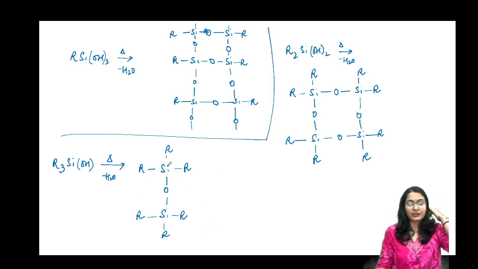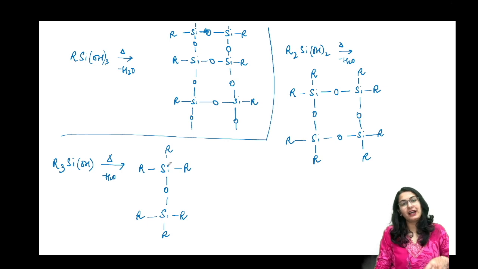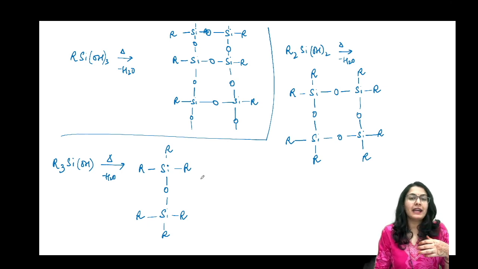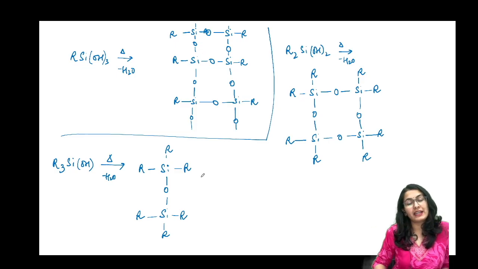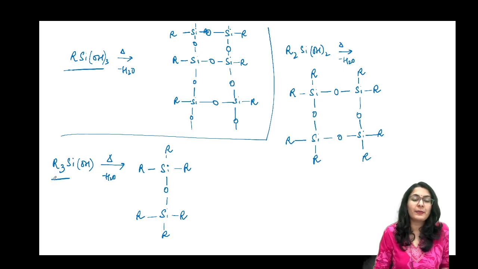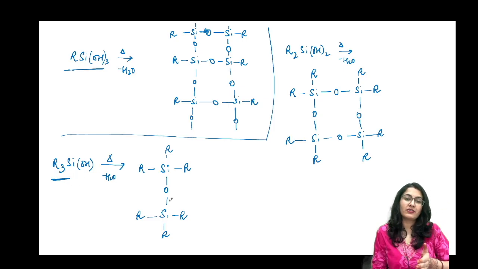So there has been a question in your CSIR NET exam based on the silicon only, that if I want to make a silicone polymer, what is the starting material I will take? What is the ending material I will take? That means if I want to start the branching, this is the best for branching, and this is the best for chain termination, because if you put 3 alkyl group, it is going to just form one bond and terminate the chain.